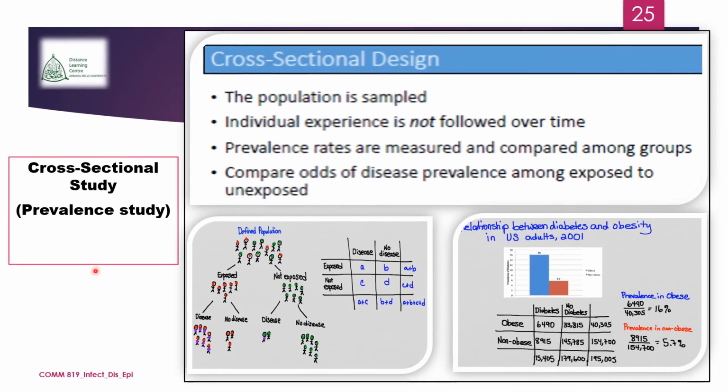Another one of the commonly used observational studies is the cross-sectional study, or prevalence study. In a cross-sectional study, the population is sampled. You define the population, which will include both people that are exposed and non-exposed.